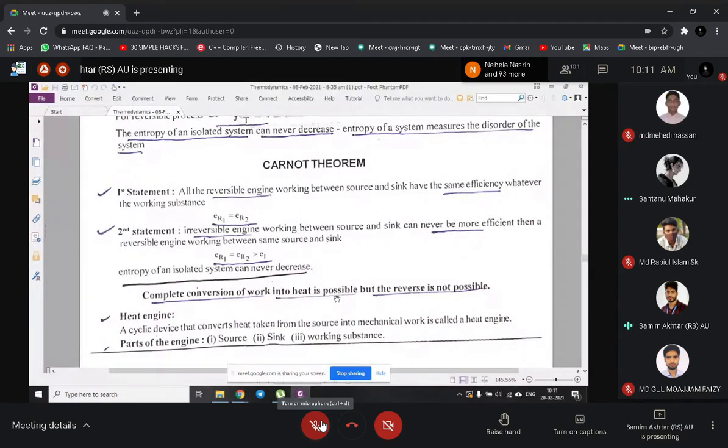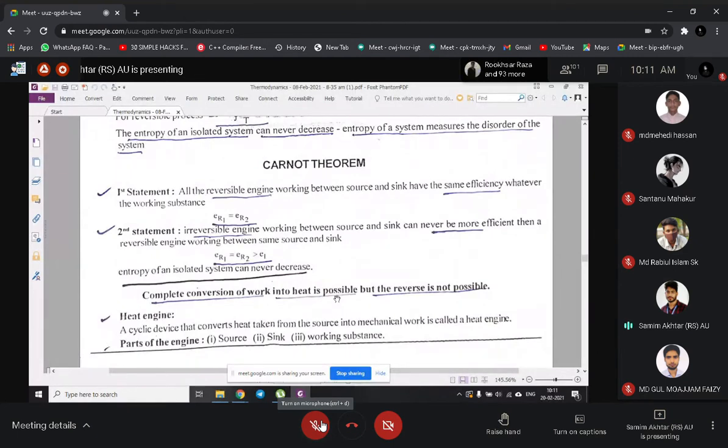There is another theorem, the Carnot theorem, and this theorem is very important in thermodynamics. There are two statements. The first statement is that all reversible engines working between the same source and sink have the same efficiency, whatever the working substance. This is a very important concept.